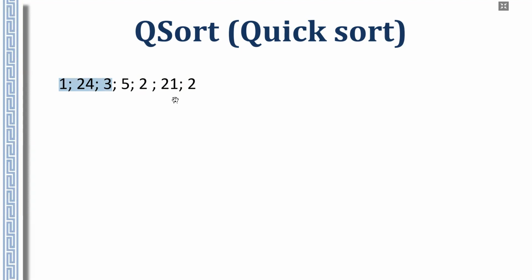How do we do it? In bubble sort, we have one pointer that moves from left to right and checks the element in the next place, and if they are in the wrong order, then we swap them. Here we use two pointers. The first pointer moves from left to right, and the second pointer moves from right to left. And if they find incorrect pairs, then we swap them. What does an incorrect pair mean?